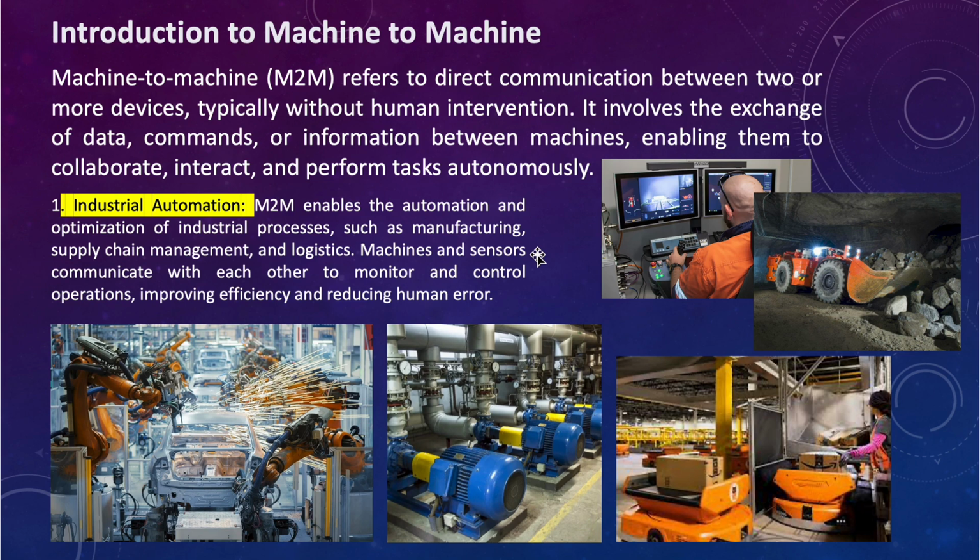But now we are moving to a part where entire automation processes are taking place where human intervention is not needed, right? This is being enhanced and achieved by IoT, right?